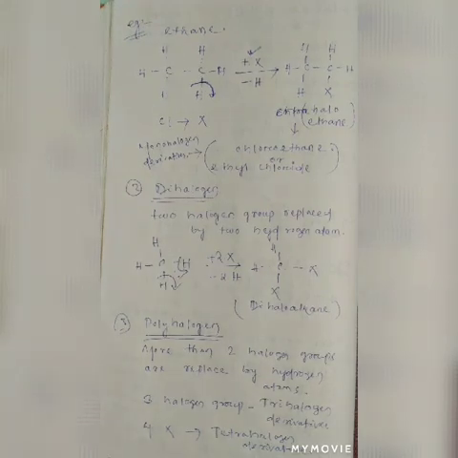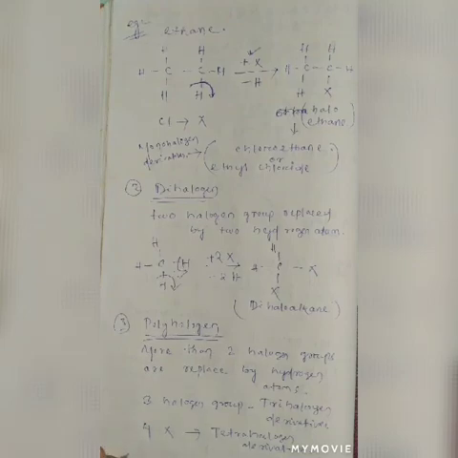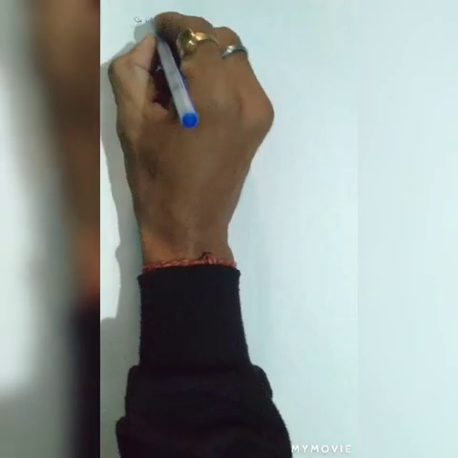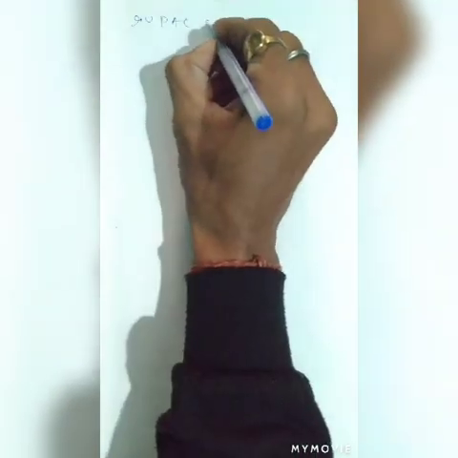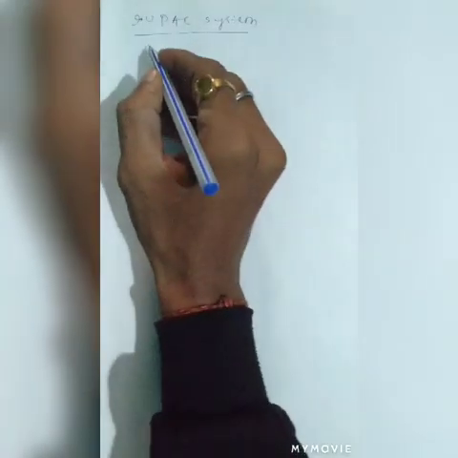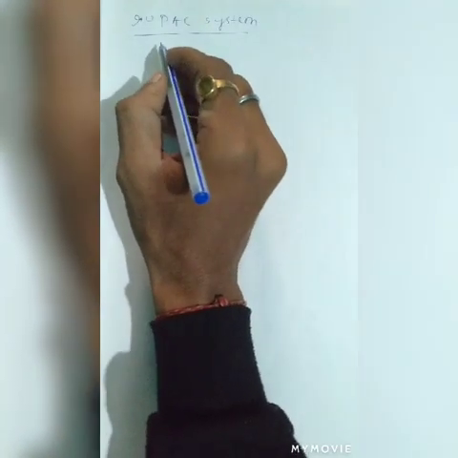Now let's go through the nomenclature of haloalkanes. How are haloalkanes named on the basis of the IUPAC system? What is the full name of IUPAC?